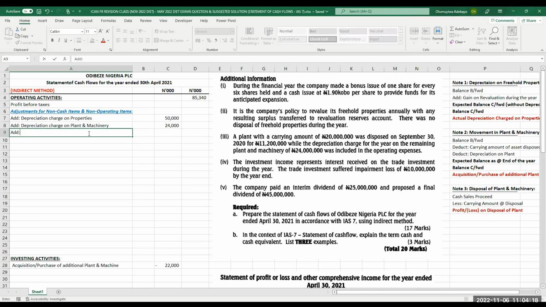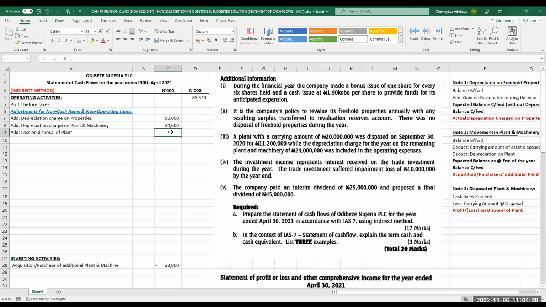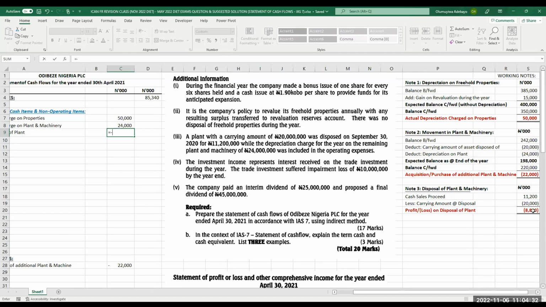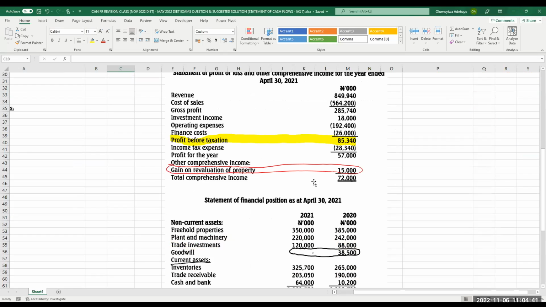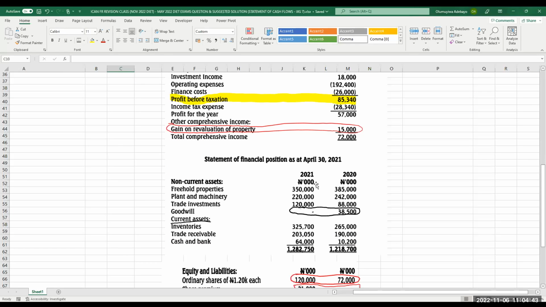We add back the loss on disposal. Is that 8.8?